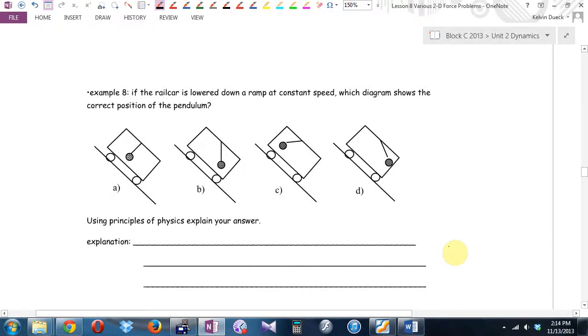Example 8: if a rail car is lowered down a ramp at a constant speed, that's probably important. Which diagram shows the correct position of a hanging pendulum, a hanging mass? A, B, C, or D?